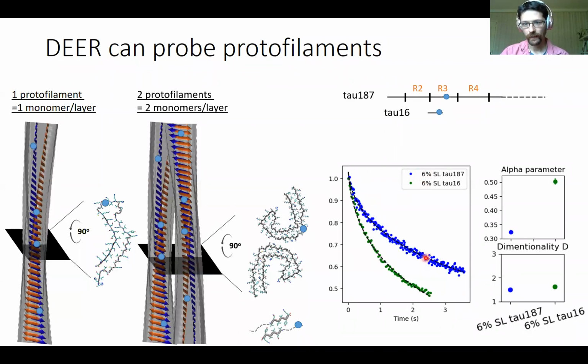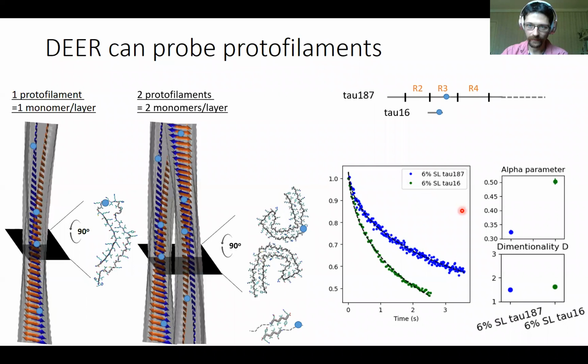And there we see the signal, we fit it, and you see that D is again fairly stable, around 1.5, 1.6. But alpha is pretty different, and alpha of the Tau 16 sample is really high compared to Tau 187 when the spin label dilution is actually the same.